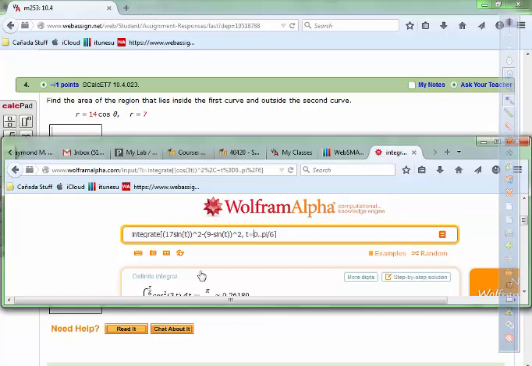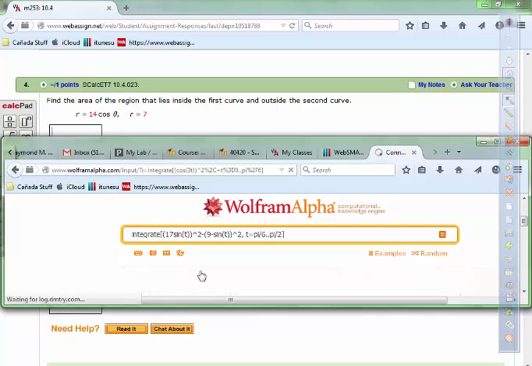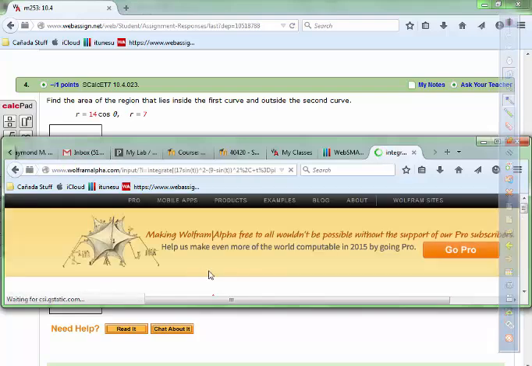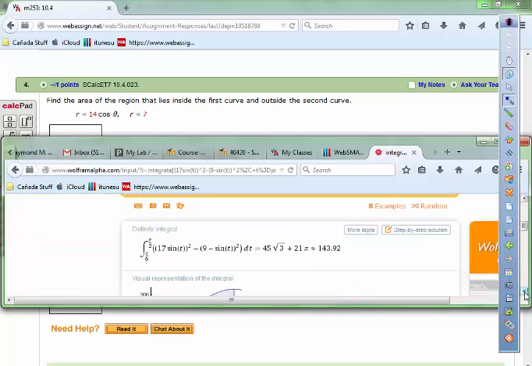From where to where? Pi over 6 to pi over 2. And the 2 and the 1/2 outside cancel. So we got 45 root 3 plus 21 pi.